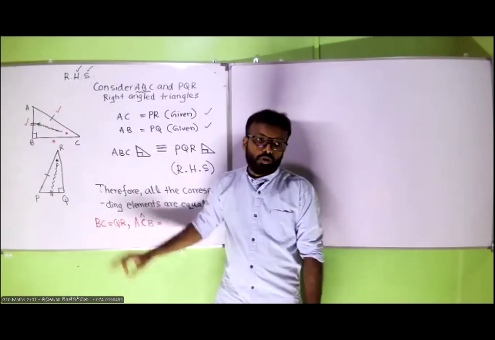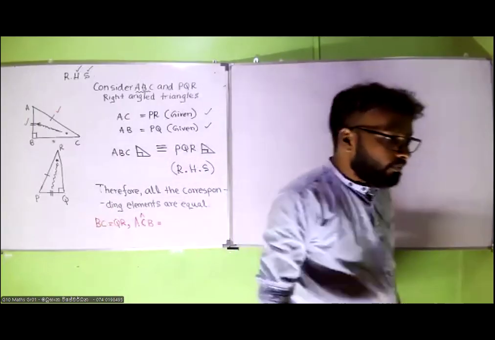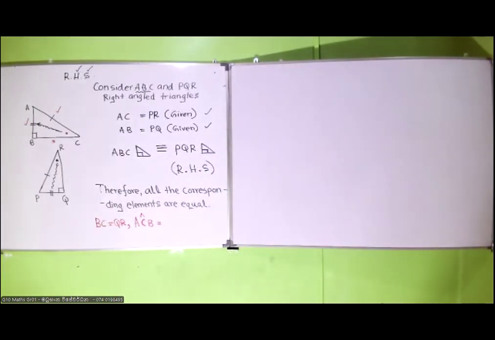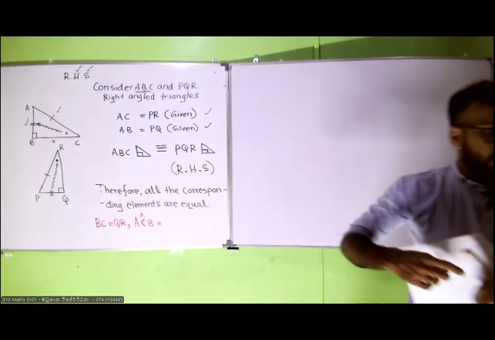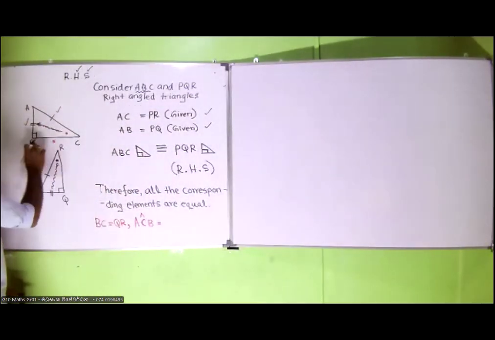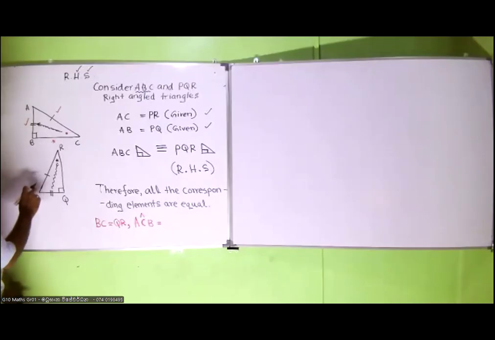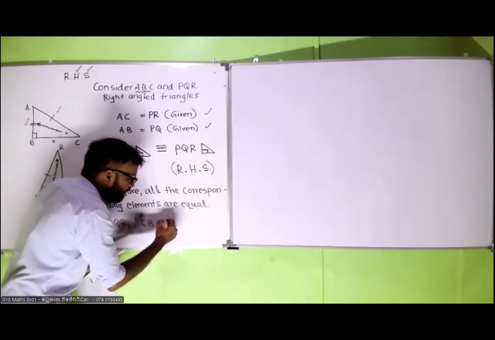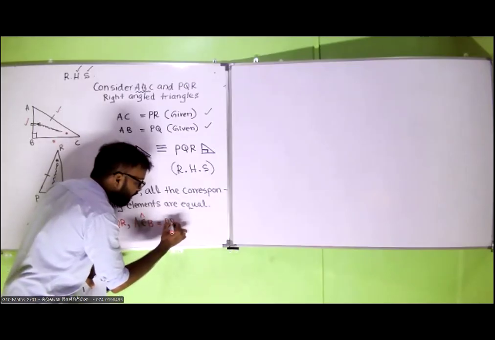This one is very important. You need to get that. So the ACB angle is equal to the PRQ angle. Alright, that is how we are going to identify the PRQ angle.